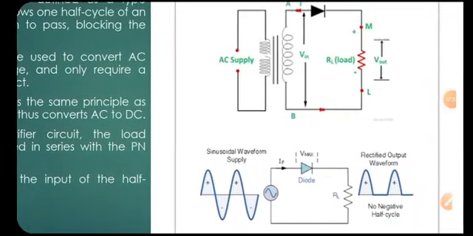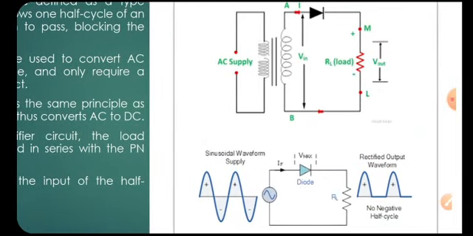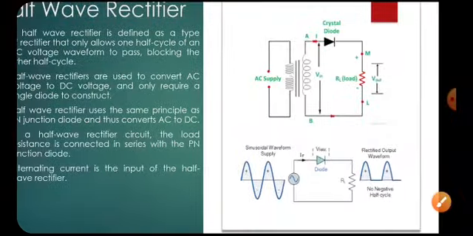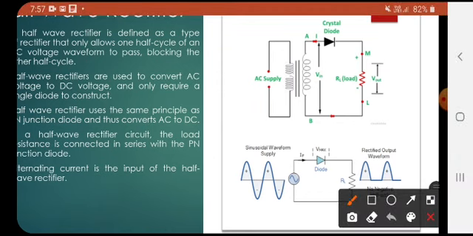Here when the positive half cycle is passing through the circuit, this is plus, this is minus, so it is forward bias, and the output will be there.